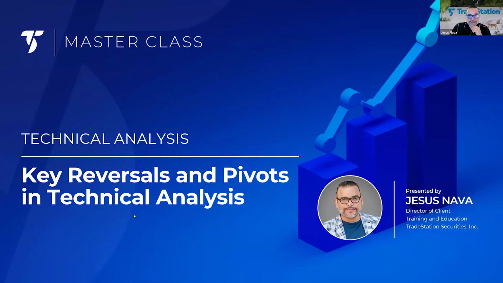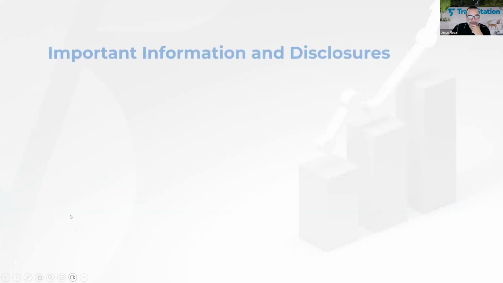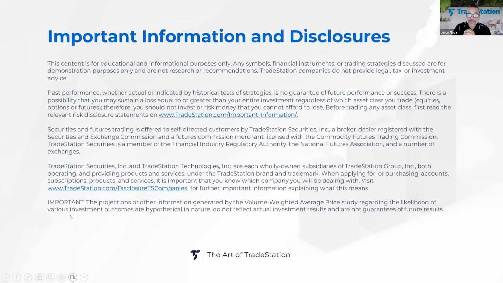Before we jump into today's topic, though, let's go through some disclosures. Keep in mind that every symbol and idea that I talk about is for educational purposes only, that these are not recommendations of TradeStation. Also, that active trading is not suitable for everyone, and past historical performance is no guarantee of future results.